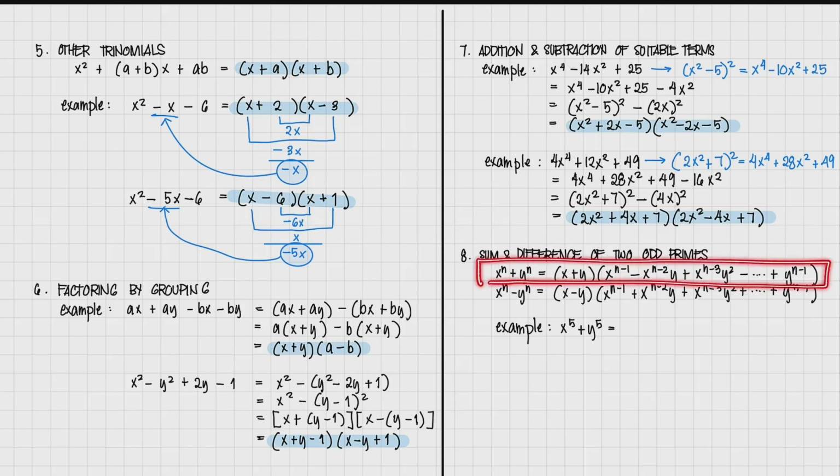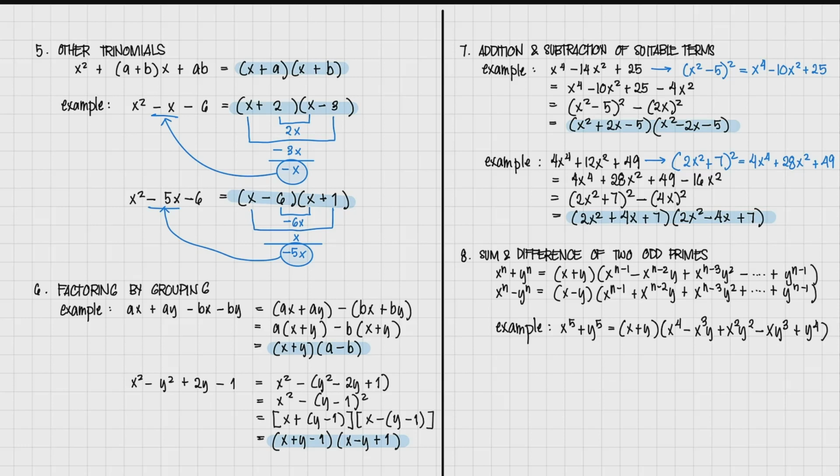Ito na sa taas. So, you'd get x plus y times x raised to 4 minus x raised to 3 times y plus x raised to 2 times y raised to 2 minus x raised to 1 times y raised to 3 plus y raised to 4.